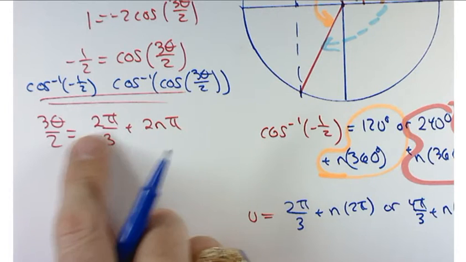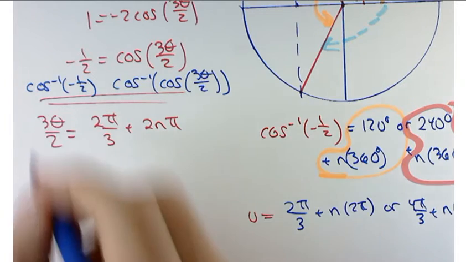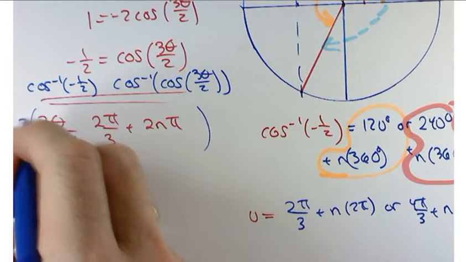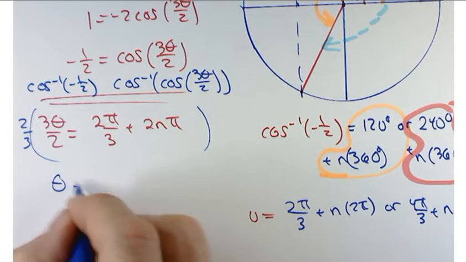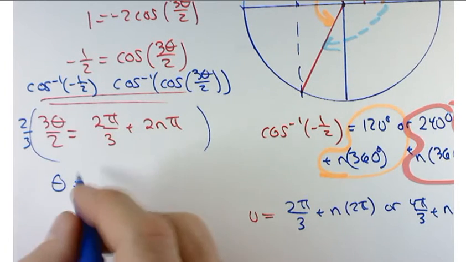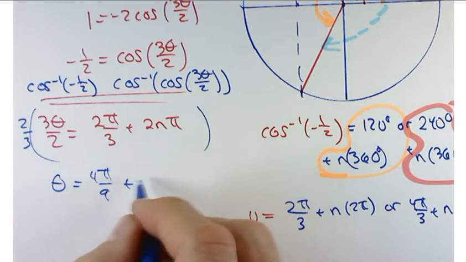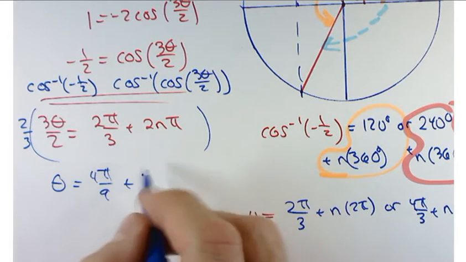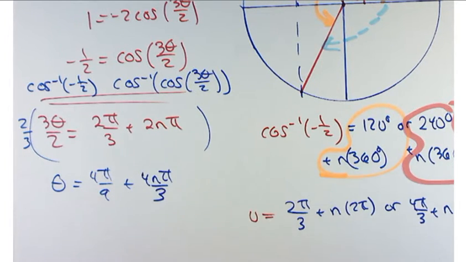How are we going to solve here? What do you have to do to get theta by itself? Yeah, multiply both sides by 2/3. So 2/3 times this, that's going to cancel. I'll get theta. 2/3 times this is going to be 4 pi over 9 plus 4n pi over 3.